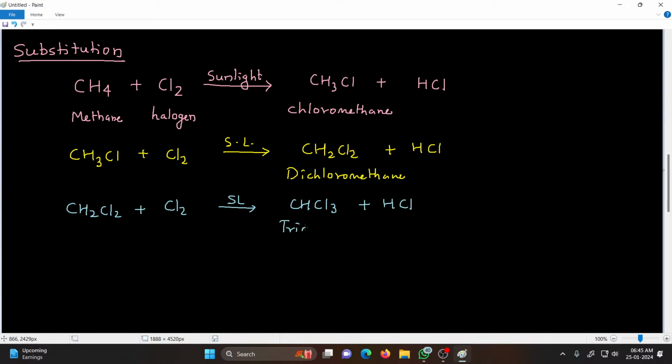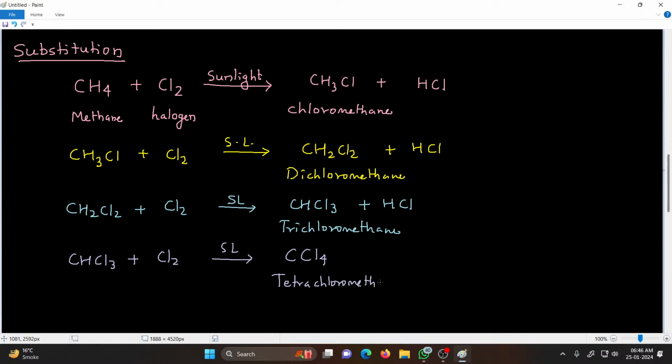So this is nothing but trichloromethane, and finally CHCl3 again combines with chlorine to ultimately give you CCl4, that is tetrachloromethane, along with hydrogen chloride gas.